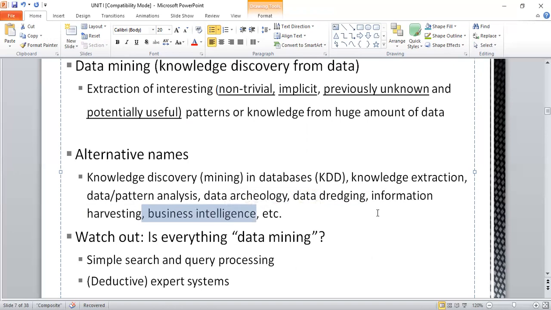Okay, so you have to watch out: is everything you are working upon data mining, or is everything you are doing data mining? Yes, you have to search it out. Whatever data from which you are trying to extract the information, whether it is your relational databases, your data warehouses, or the data mining techniques utilizing which we are trying to extract information, are they all data mining?